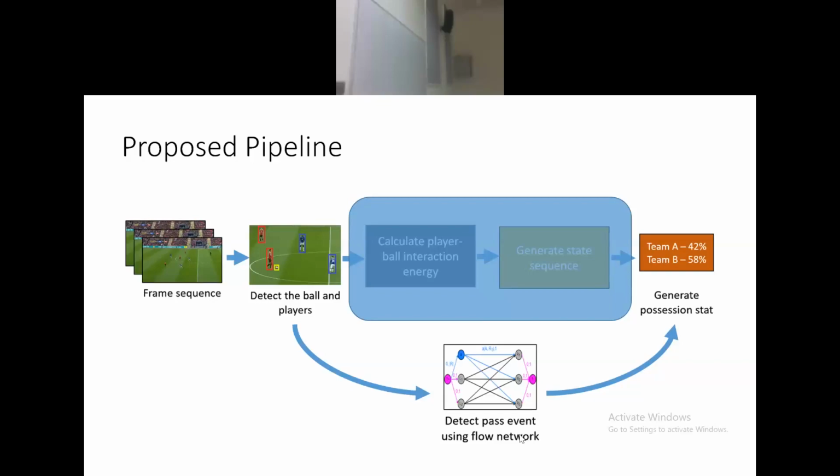I assume we understand that videos are series of frames, typically 25 or 30 frames per second. You don't have to take all the consecutive frames. You take the first frame, maybe the 10th frame, the 20th frame, and analyze this network between the first and the 10th frame, or the 10th and 20th frame, and that's how we detect the valid pass.